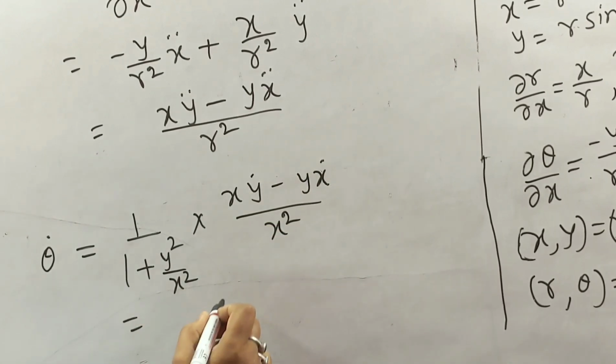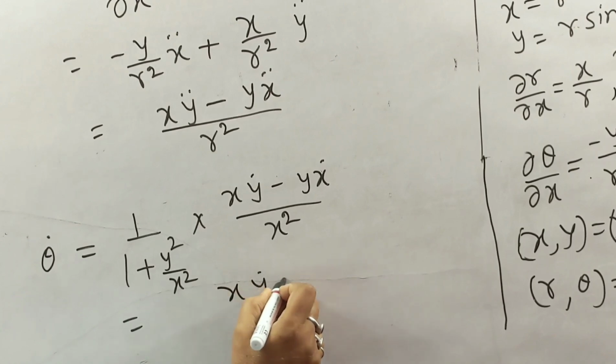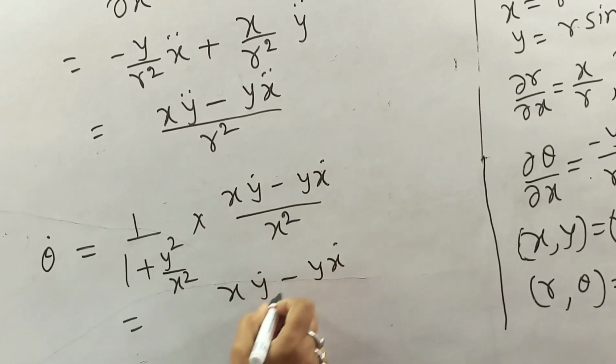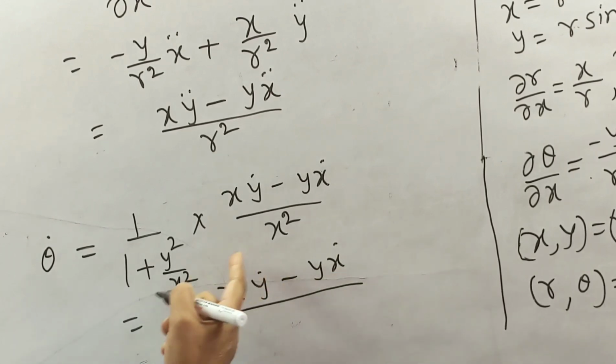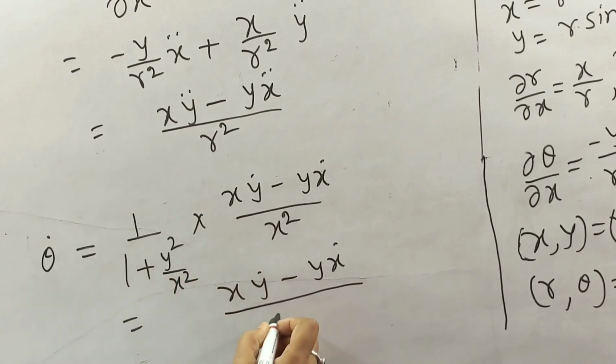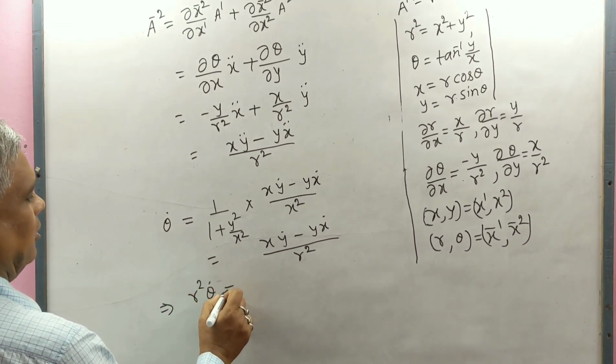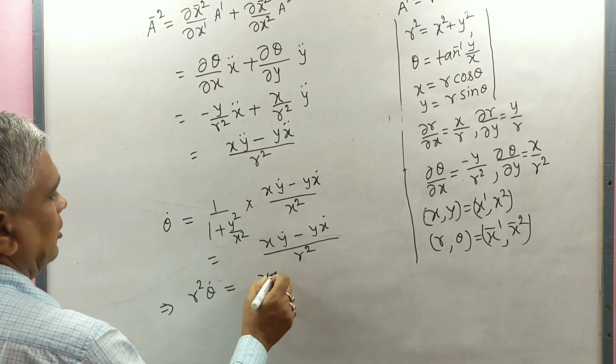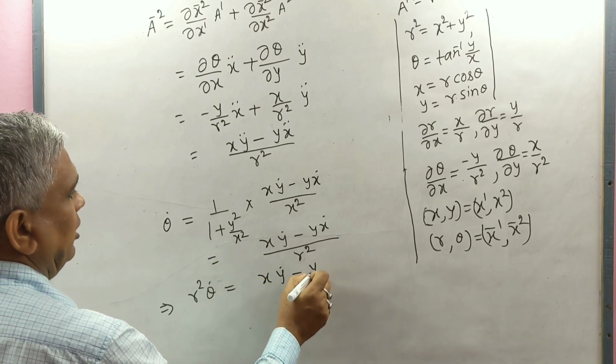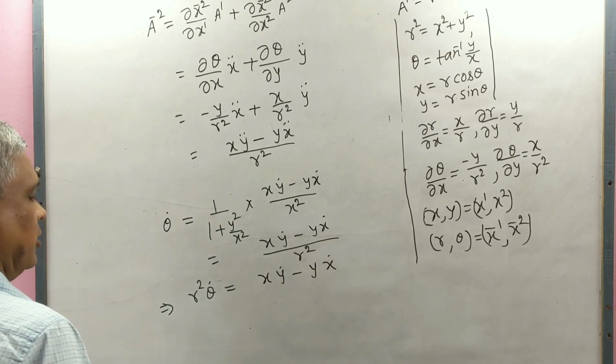This is x y dot minus y x dot by x square plus y square, that means r square. This implies that r square theta dot equal to x y dot minus y x dot.